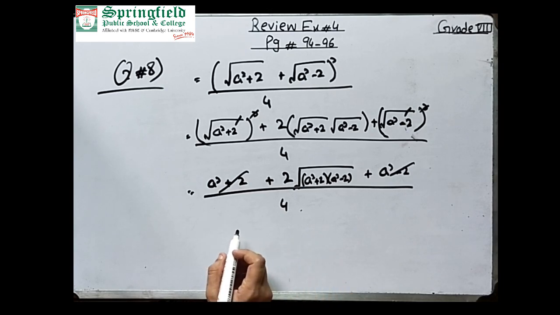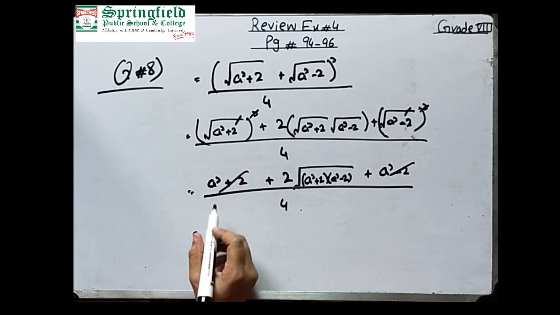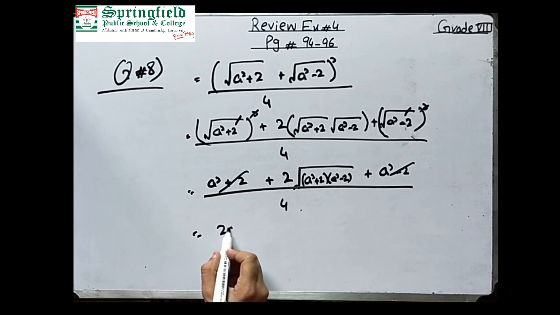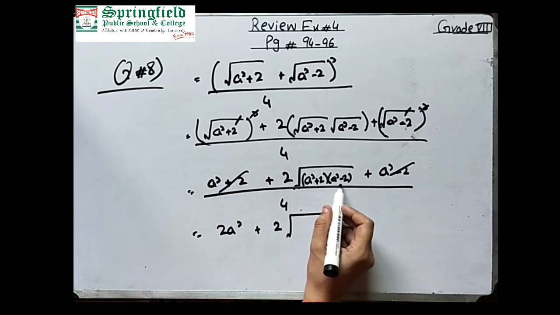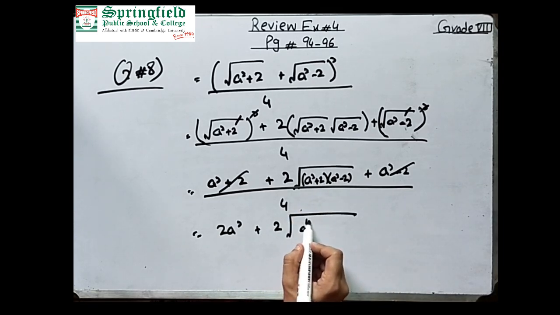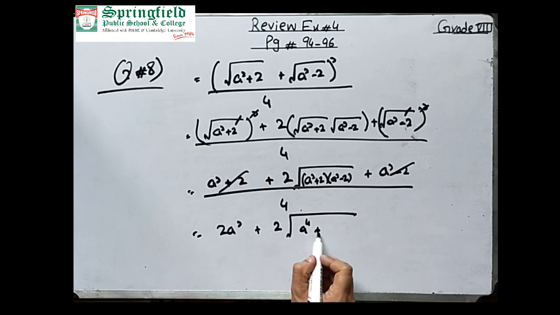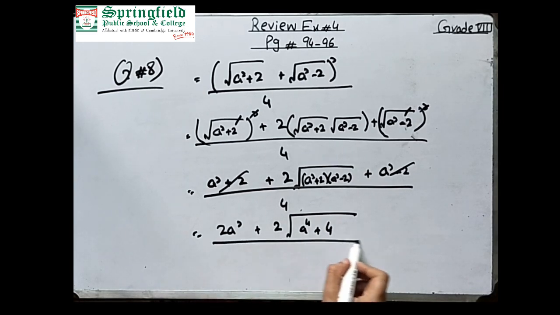The next one will become a square plus a square, 2a square, plus 2 times (a plus b)(a minus b). It can be written as a square plus b square, means 2 twos are 4. Fine. And then divide by 4.